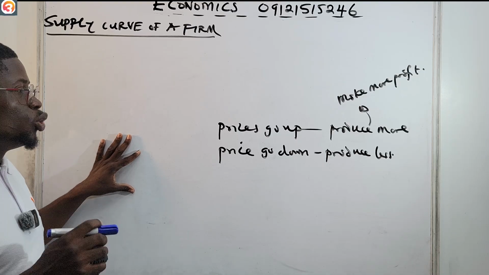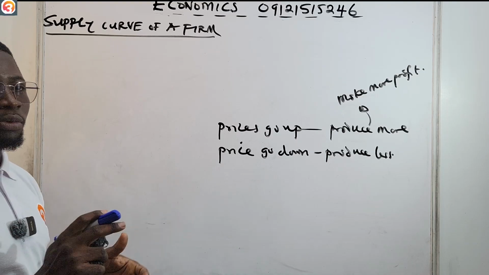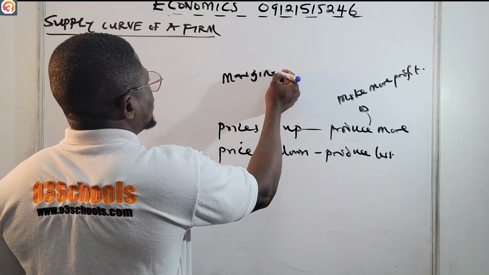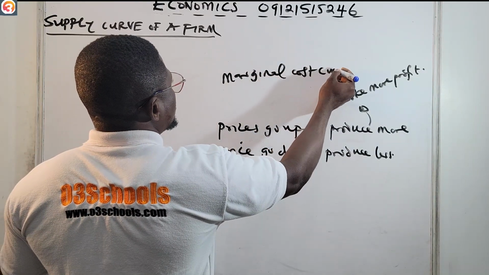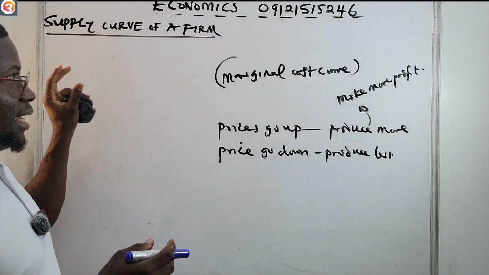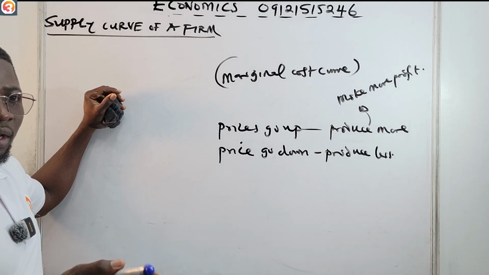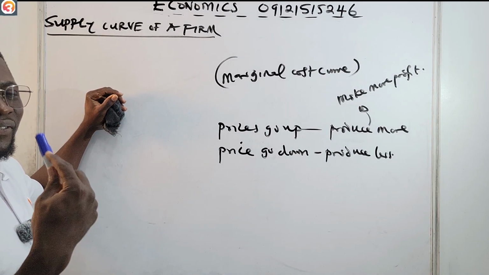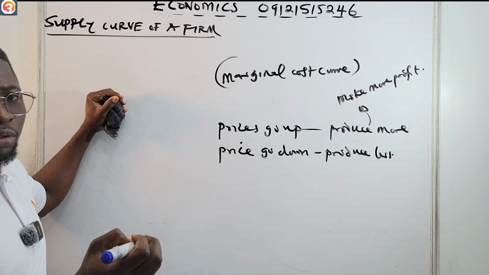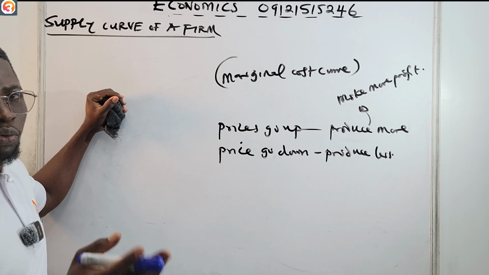Now, it is important to know that the supply curve comes from the marginal cost curve. We know that in the short run, the firm has variable factors and fixed factors. The fixed factors are like your rent; the variable factors are maybe workers' wages.